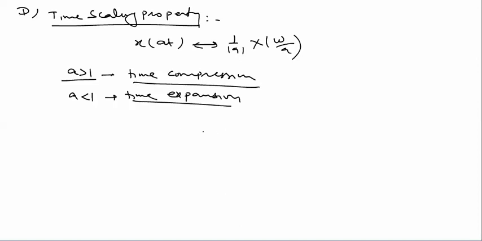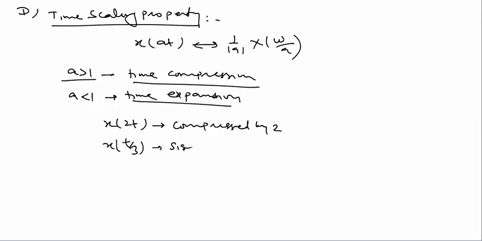If the signal x(2t) is compressed by 2, then x(t by 3) is expanded by 3 times.